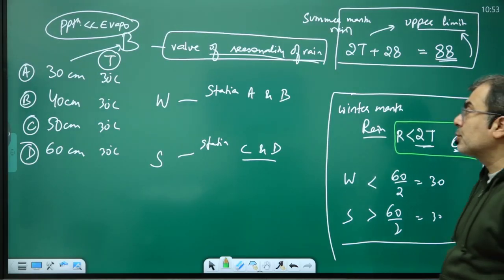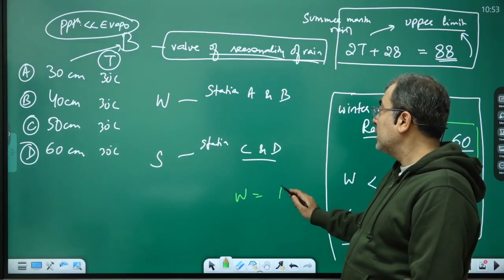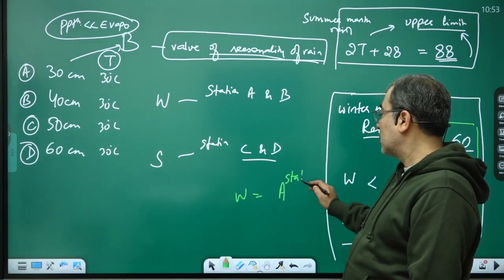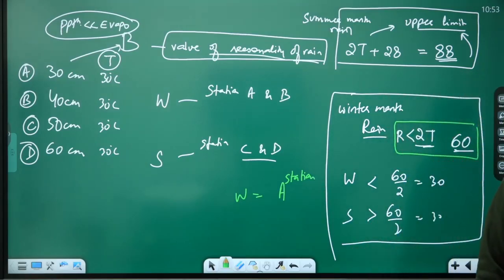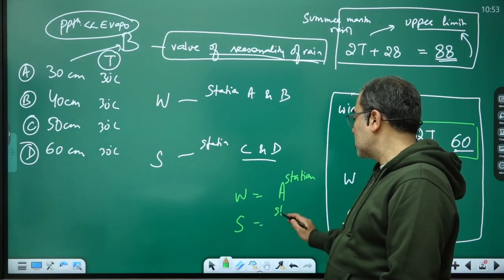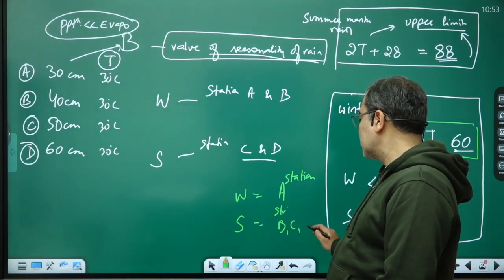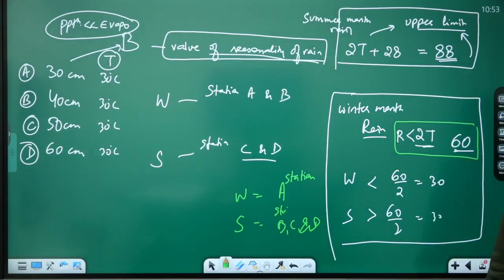So W should be only A. Yes or no? Only A. And S are stations B, C and D. True or not?